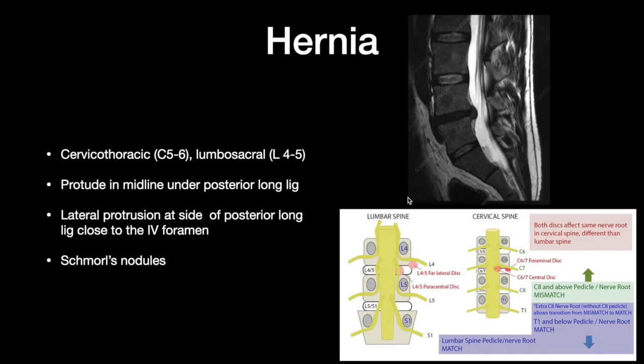There are two regions that are particularly prone to this: the cervical thoracic regions from C5 and 6, and the lumbosacral region L4 and 5. They can rupture posteriorly, so they protrude in the midline.